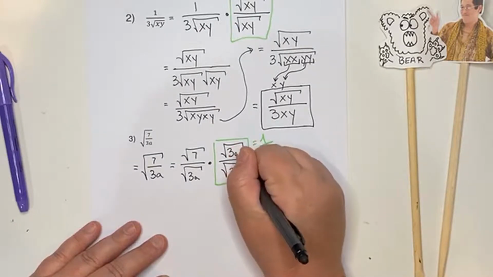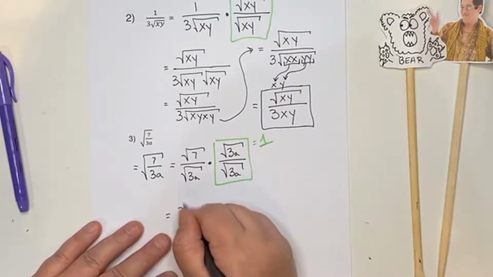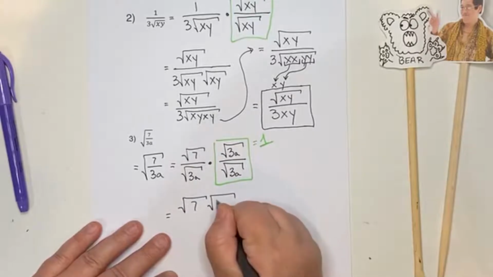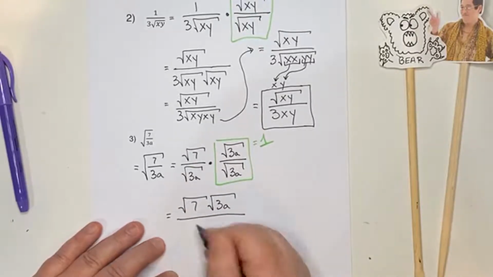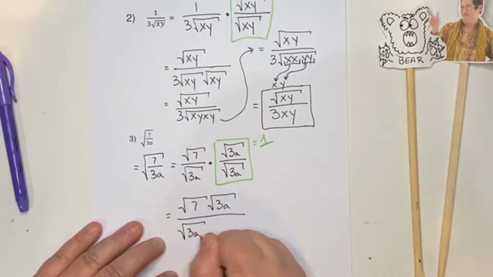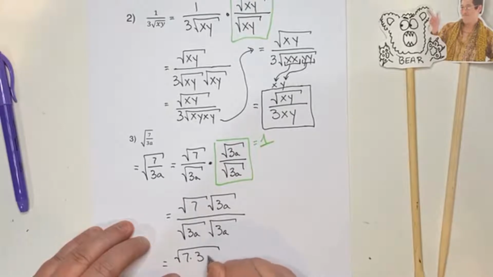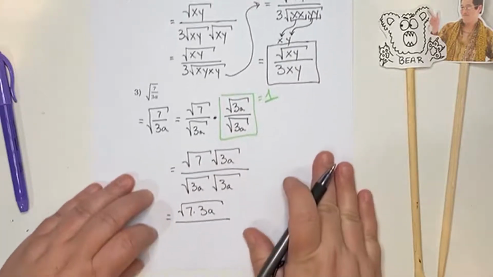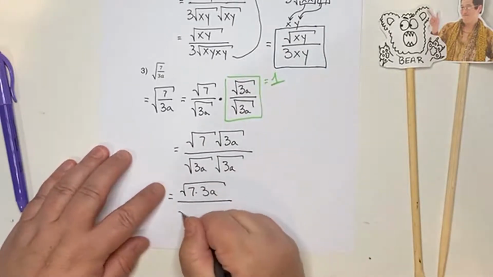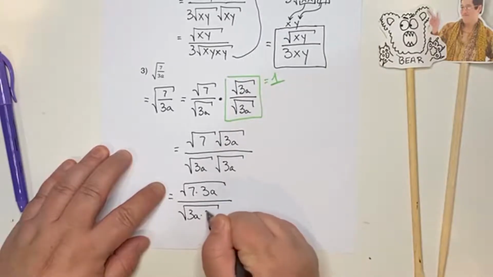Another 3a. So up top, I've got radical 7 times radical 3a. Down in the denominator, I've got radical 3a times radical 3a. So up top, 7 times 3a inside a radical. Down in the bottom, 3a times 3a.